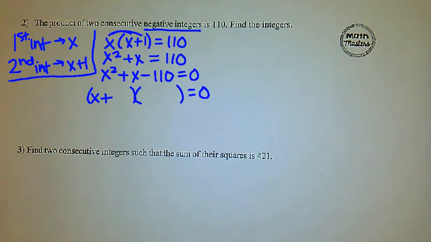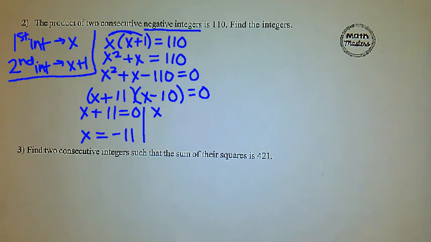Again, one positive, one negative, because our product needs to be negative 110. So my positive is going to be 11, and my negative will be 10. So x plus 11 equals 0. When I solve that, I get negative 11. And when I solve this, I get a positive 10.